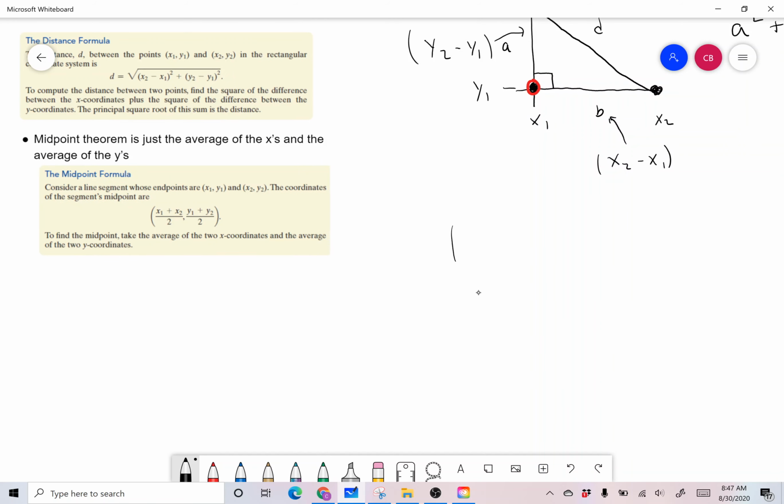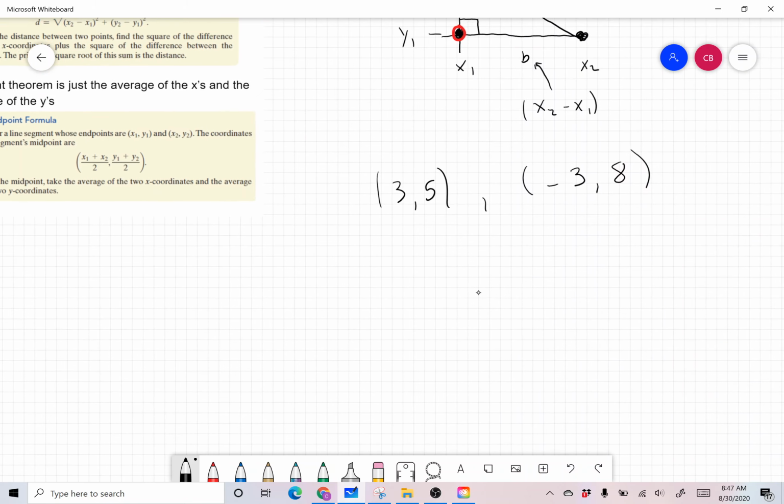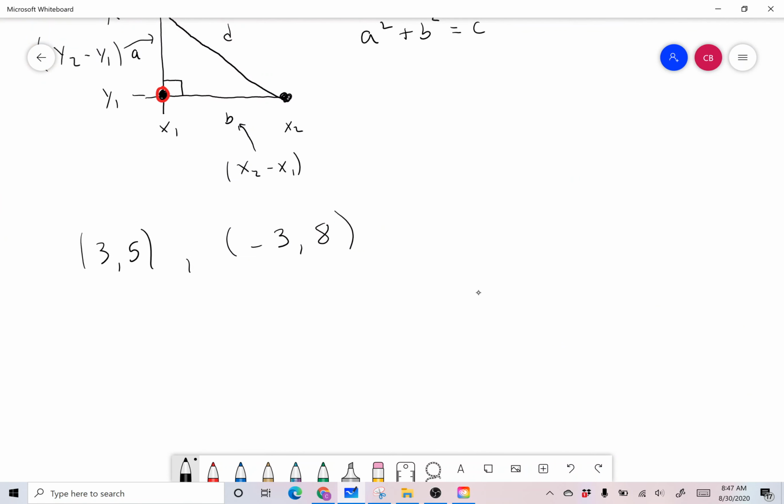If I give you 2 points in space, let's say 3, 5, and -3, 8. Okay, so we have -3, 8 somewhere over here, and 3, 5 is somewhere down here. Okay, we want to find that distance. Here is -3, 8.